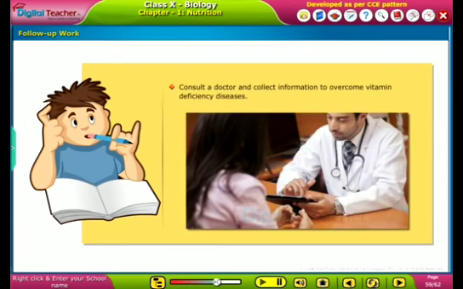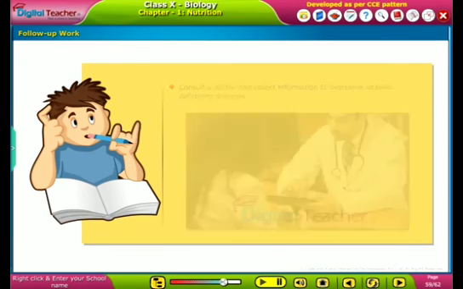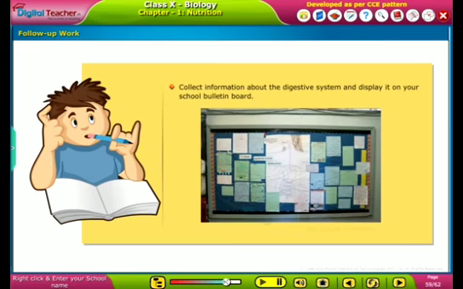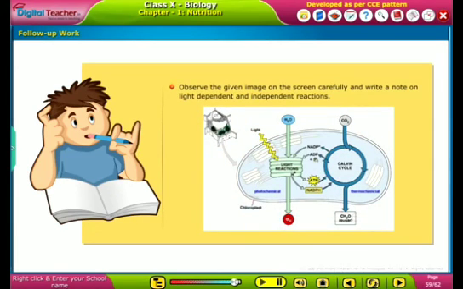Consult a doctor and collect information to overcome vitamin deficiency diseases. Collect information about the digestive system and display it on your school bulletin board. Observe the given image on the screen carefully and write a note on light-dependent and independent reactions.